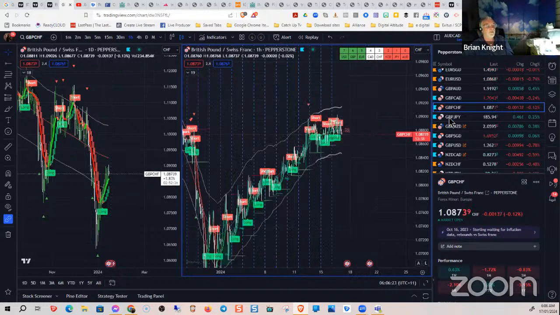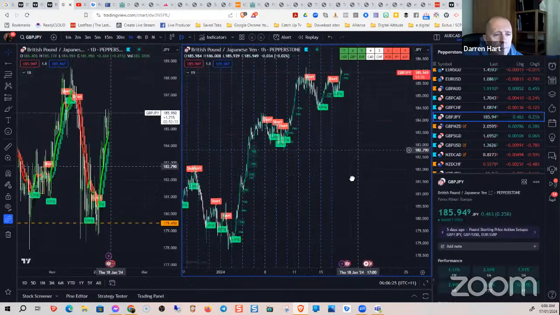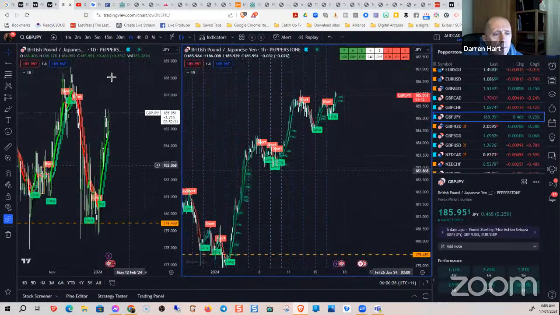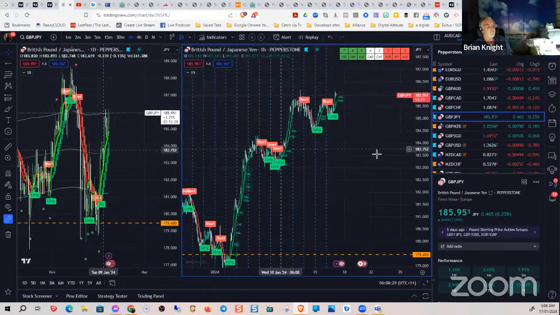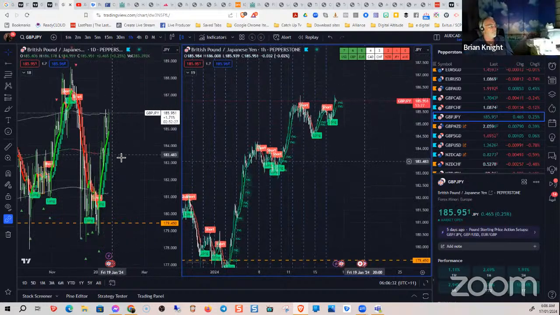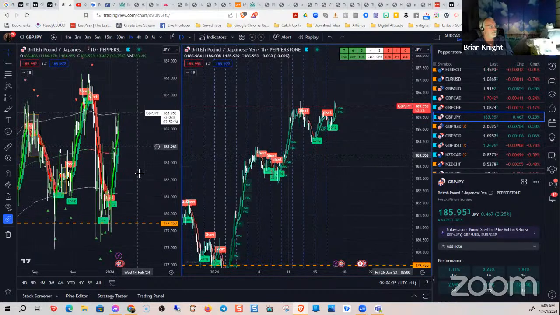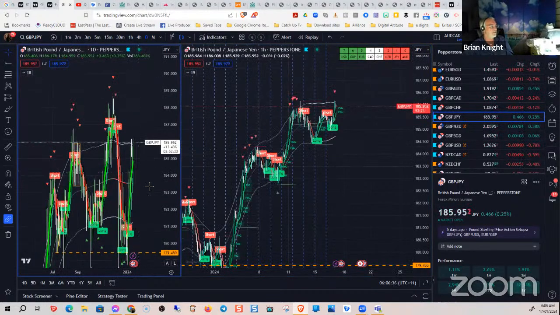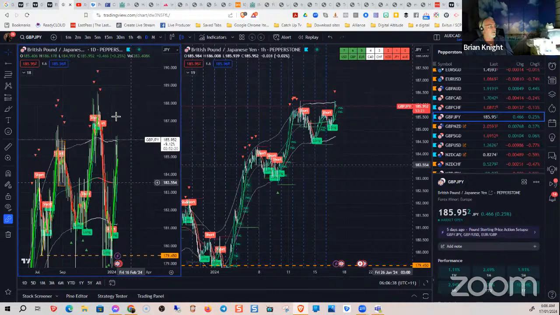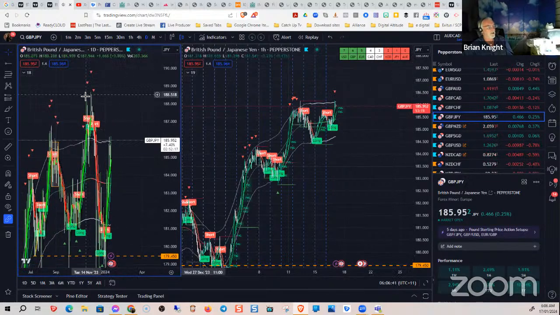That'll be nice. All right, GBP JPY. A lot of these for me are around London Open. This has already made its move, yet this could easily come up and break this high up here.